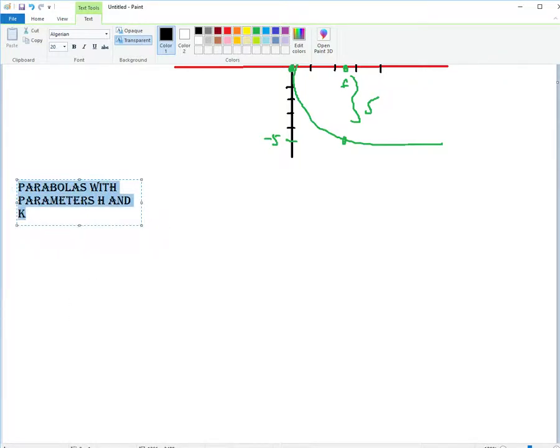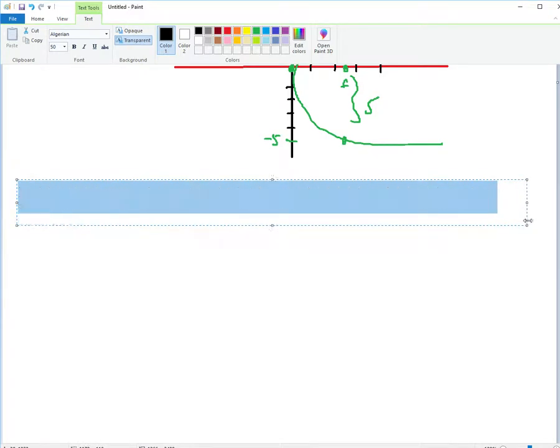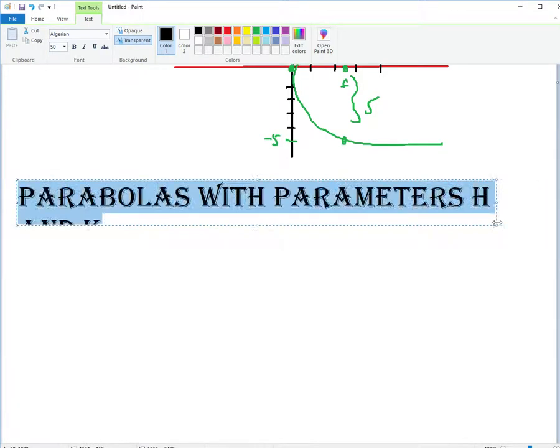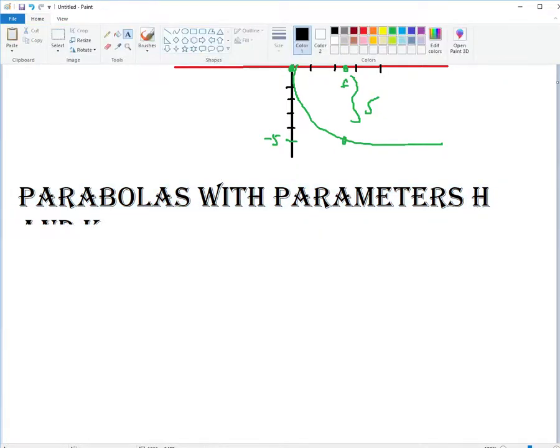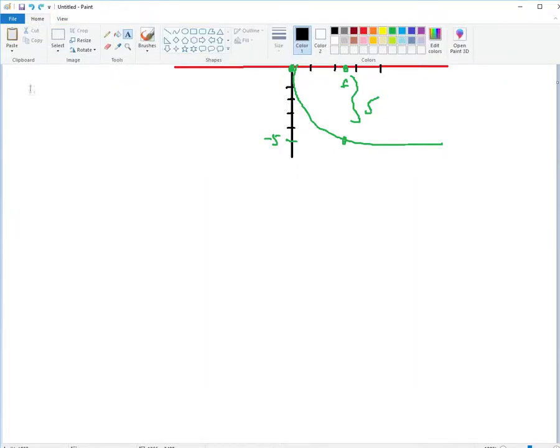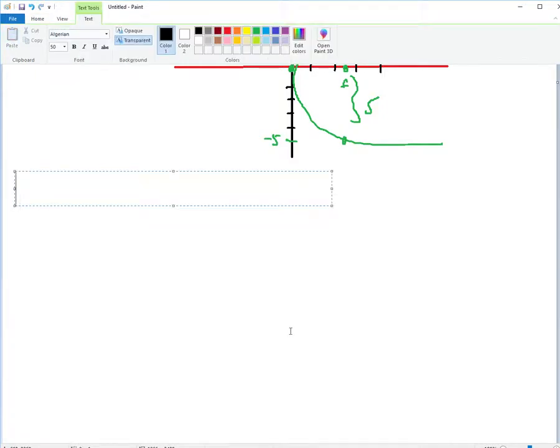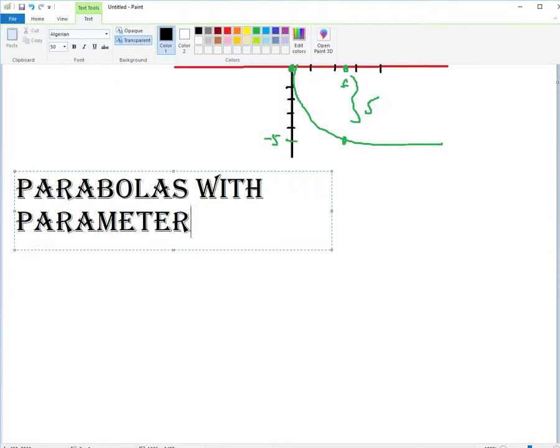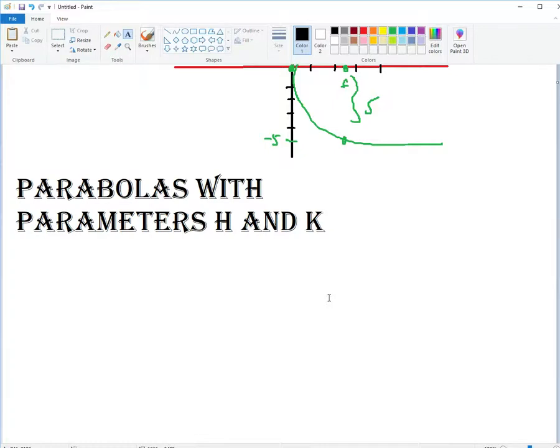Okay, let's make that bigger because it's a title. Parabolas with parameters h and k. So that's our next quick little topic.